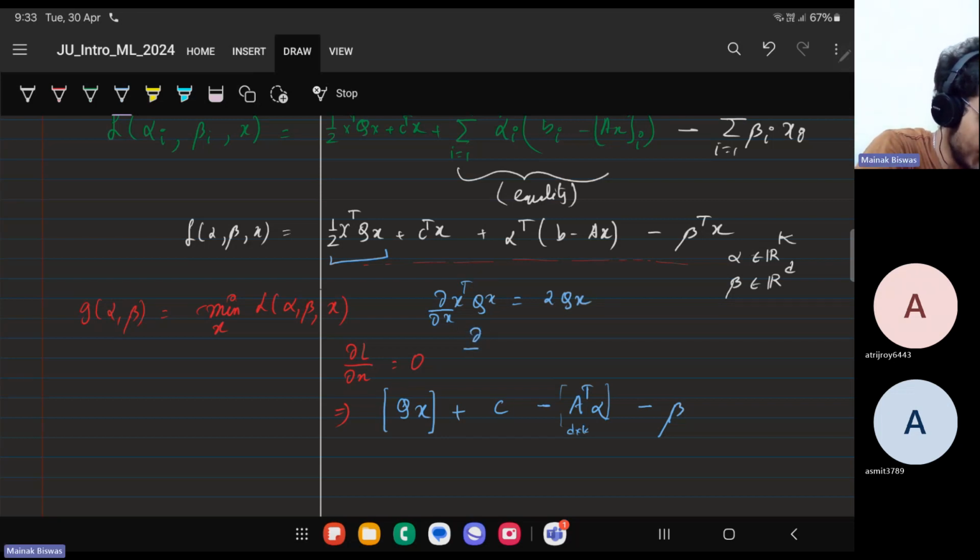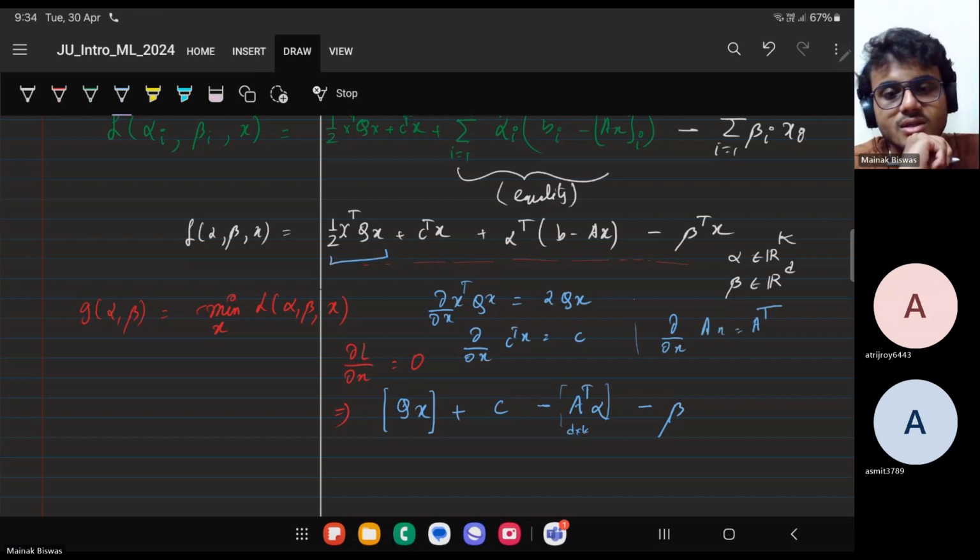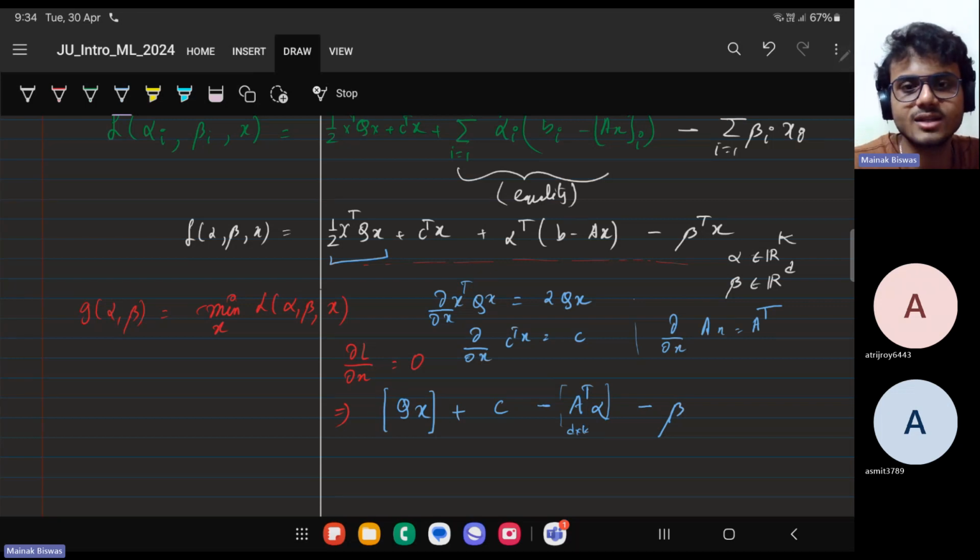Similarly, we have also done the derivative of C transpose X as C, and the derivative of AX as A transpose. How do you do this? We had shown that we expand this equation and find all the derivatives with respect to all coordinates.